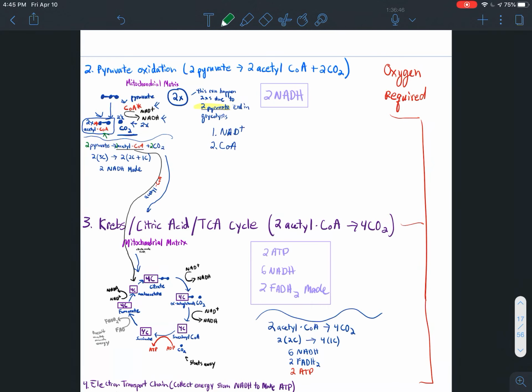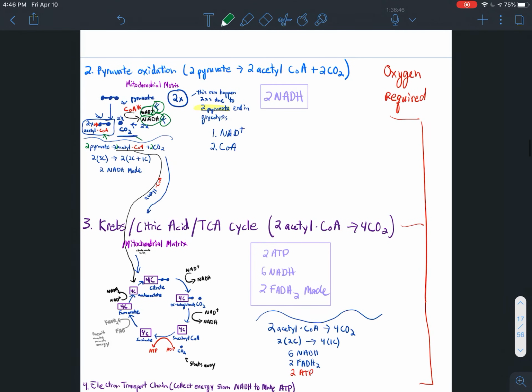The second thing is we're going to put in NAD plus and get out NADH, like so over here. In the process of doing these 2 things, we create a 1 carbon molecule called carbon dioxide, indicated right here.